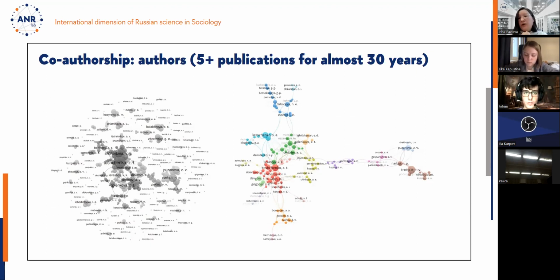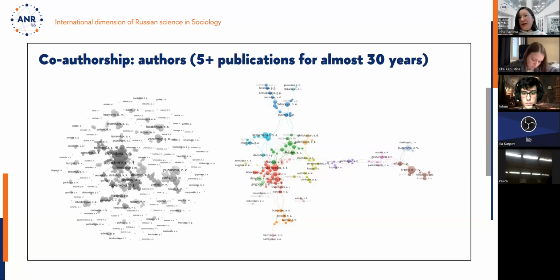But if we analyze productivity of the researchers for quite a significant time period, so we have 30 years, 3 decades included in the analysis, is 5 publications enough or not enough? Is it good for productivity or not? So this is another question, right?